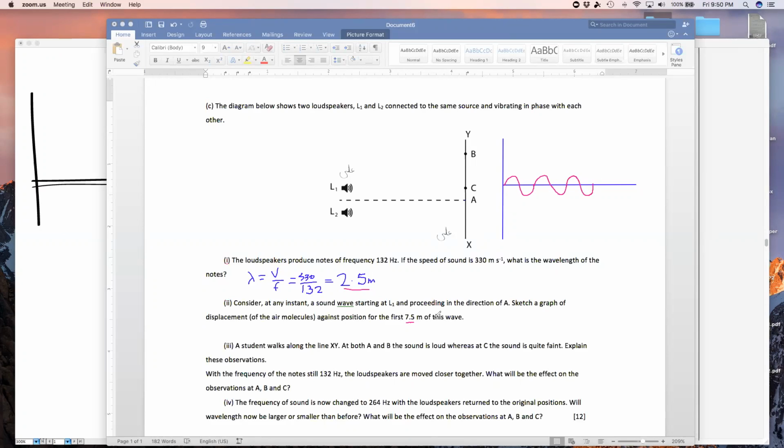So this is the graph they want us to sketch: displacement against position for the first 7.5 meters, given that the wavelength is 2.5.